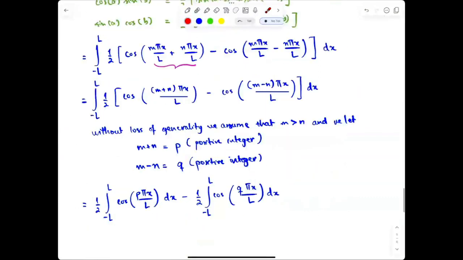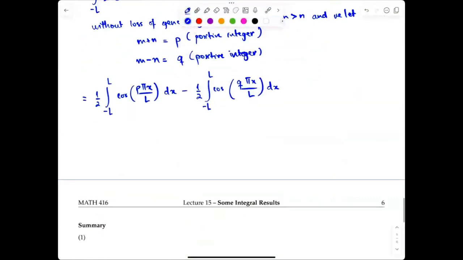So the result that we get in example 6 should easily be applied to whatever we have in example 8. So this one should give you 0, and this one should give you 0 as well because q is a positive integer, and this result can be obtained from example 6. Therefore, the answer to this integral is 0.